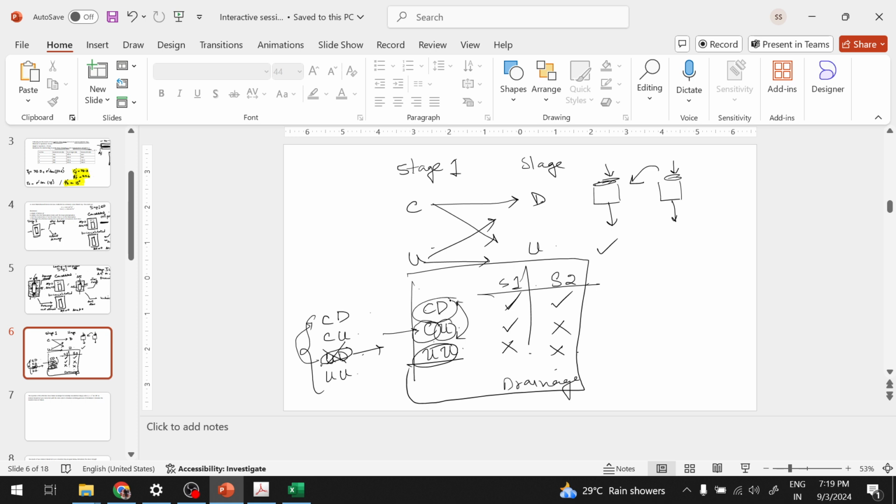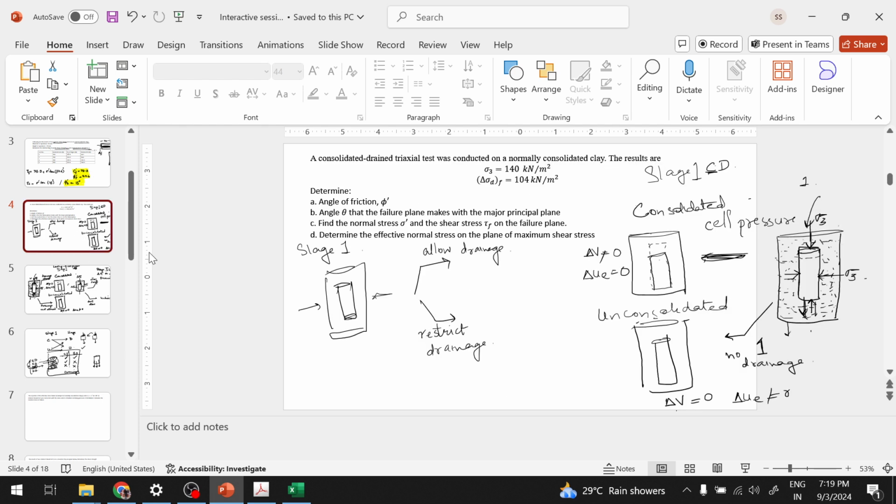But the CD test is very time consuming because in both stages a lot of time is consumed for complete consolidation and drainage to take place, especially in case of fine grained soils, clays that have very low permeability, and it takes a very long time for water to permeate out of these samples. So that was about the types of triaxial tests.